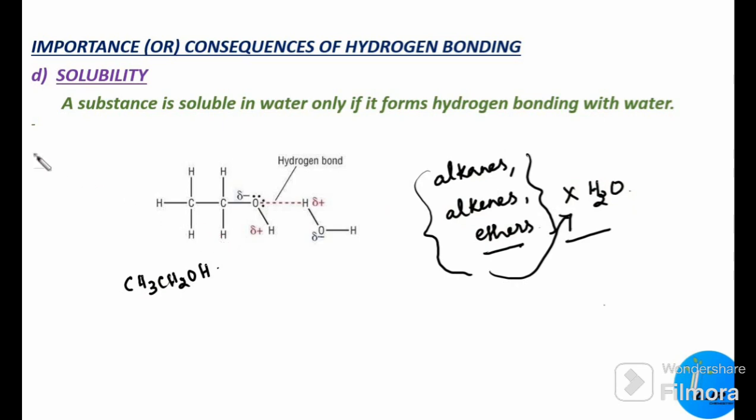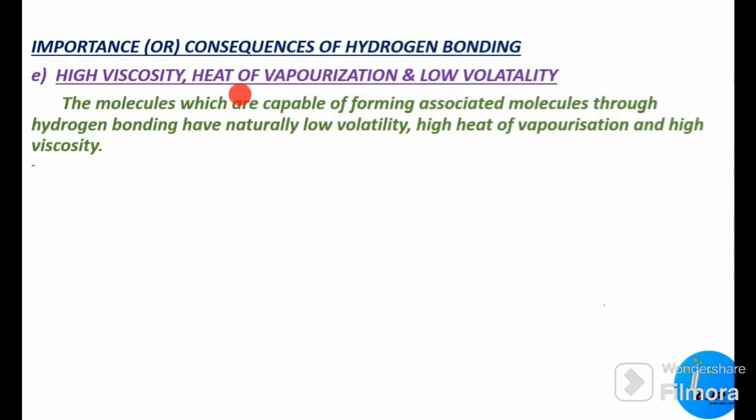Can you understand? The next important significance is high viscosity, high heat of vaporization and low volatility. Molecules which are capable of forming associated molecules through hydrogen bonding naturally have low volatility, high heat of vaporization and high viscosity. This is quite obvious because hydrogen bonding keeps the molecules so intact that we have to spend a high amount of heat energy to break the bond.